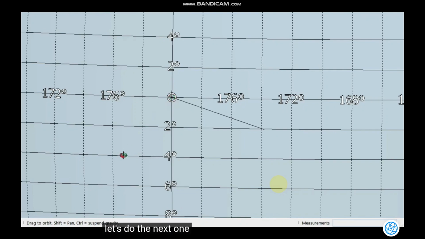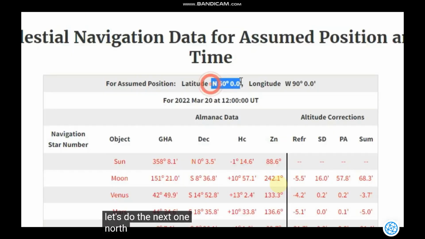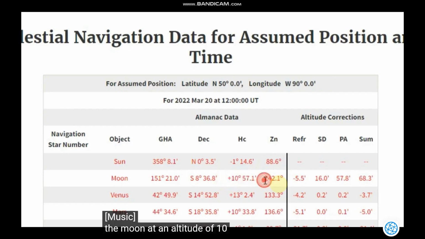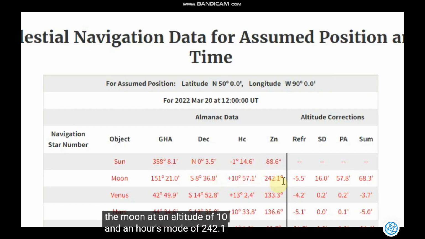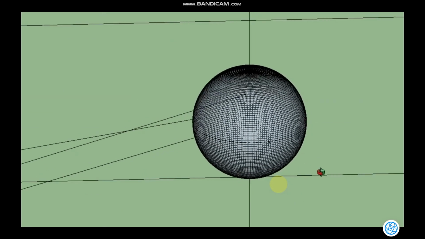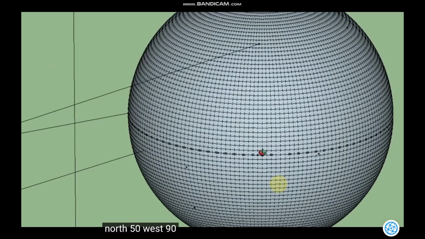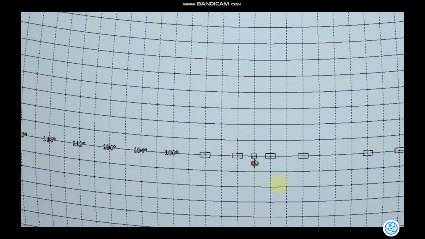Let's do the next one. North 50, west 90. The moon at an altitude of 10 and an azimuth of 242.1. North 50, west 90.